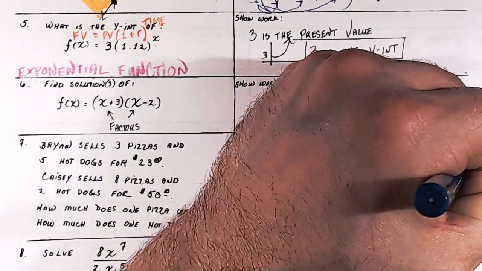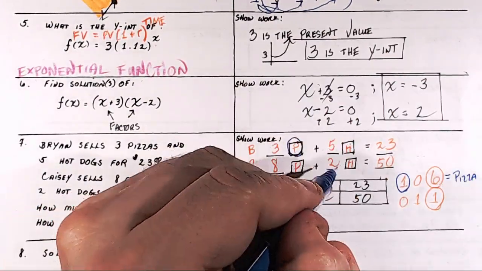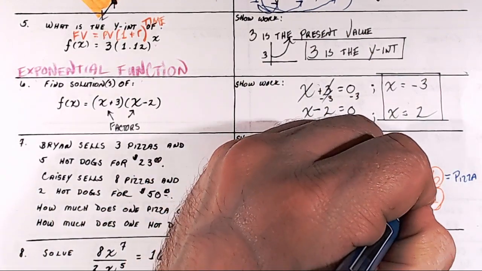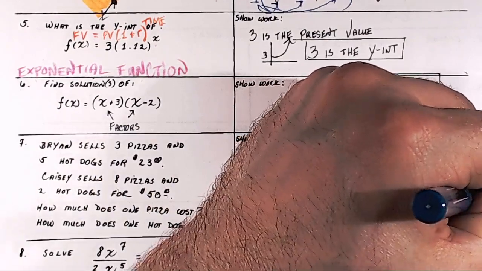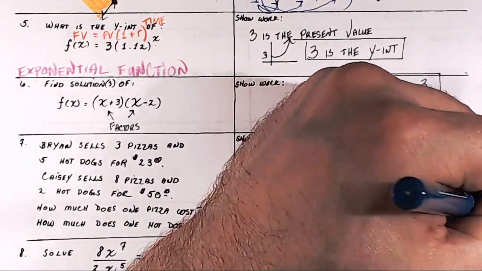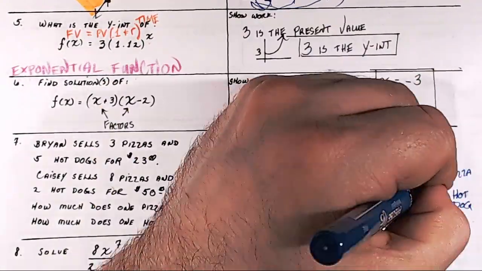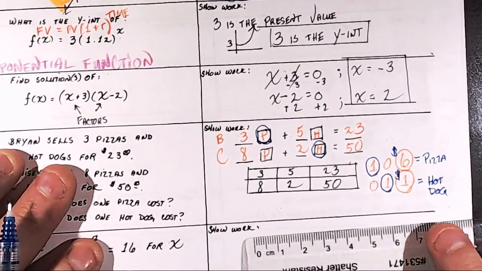So 6 is pizza. And on the second row, the second thing is hot dogs. So this is hot dogs. What it means is pizza is $6 and hot dogs are $1. And this is the answer.